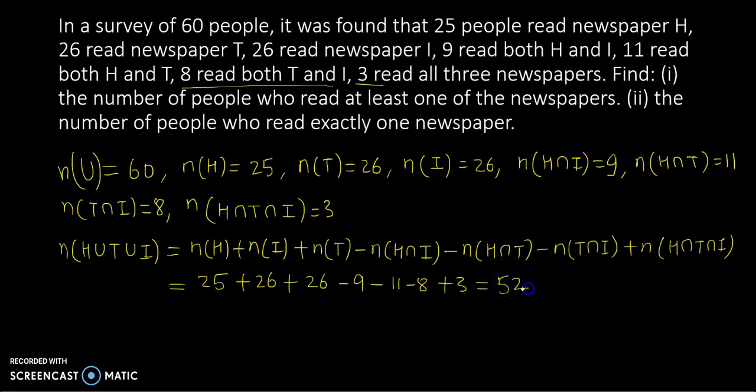So there are 52 people who read at least one of the newspapers.